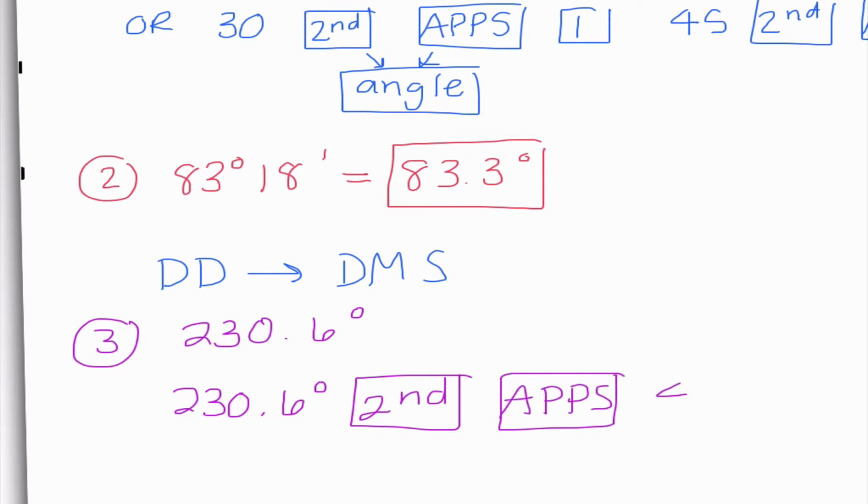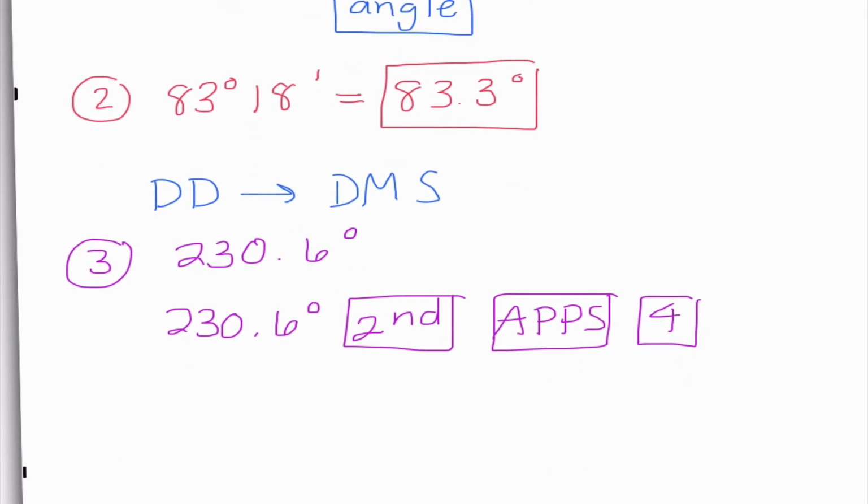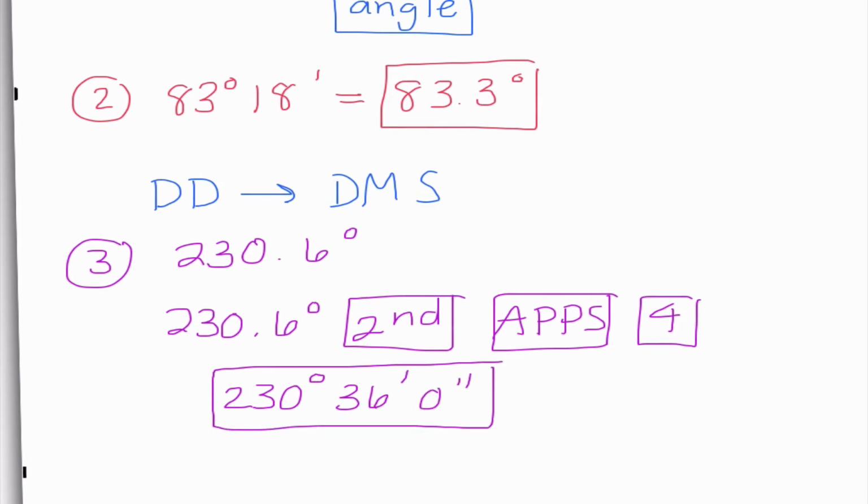Option 4 has an arrow and says DMS. This is going to automatically convert it for you, and it would tell us it was 230 degrees, 36 minutes, and 0 seconds. So that is section 4.1.